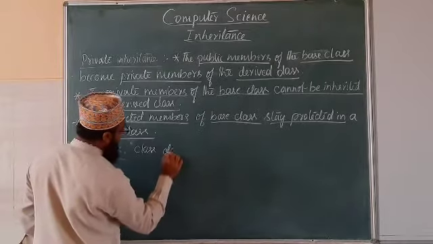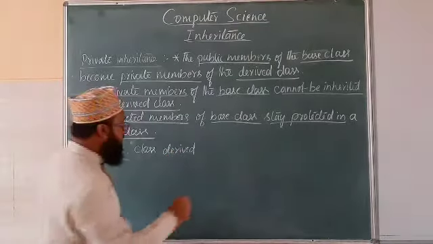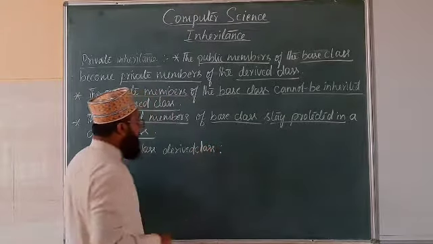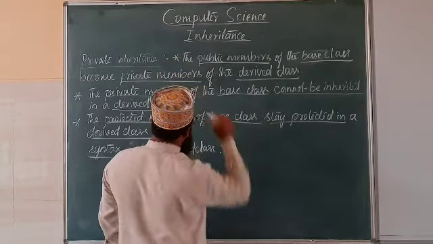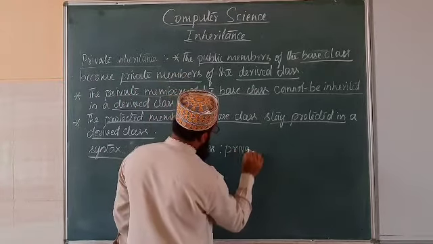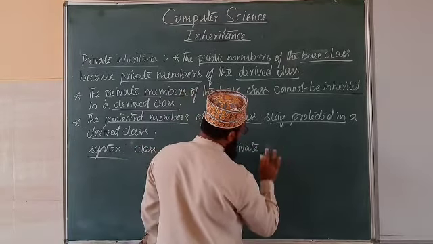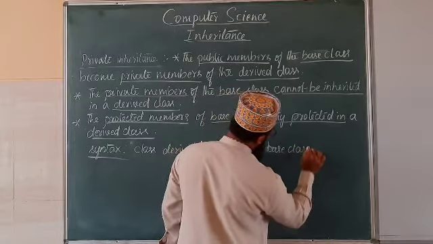Class, then derived class, then colon. After that, this one is private, so we have to write private here. Then this is the base class.